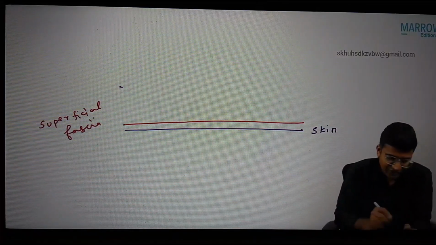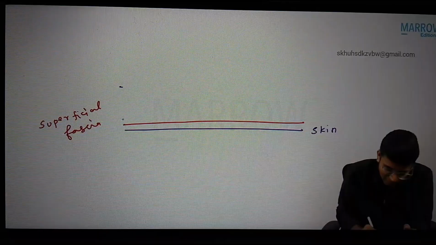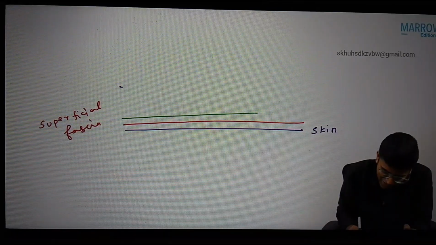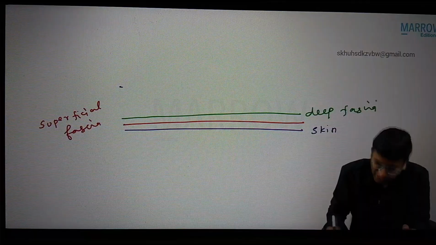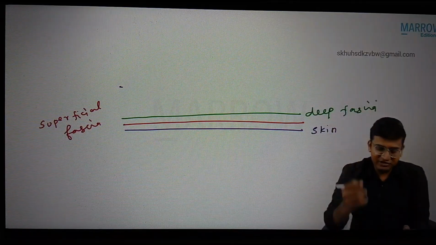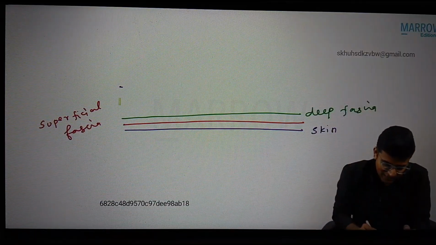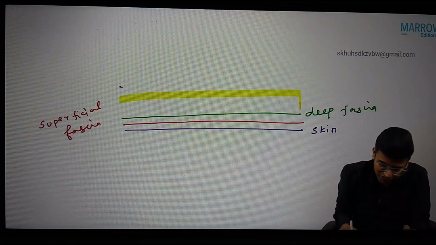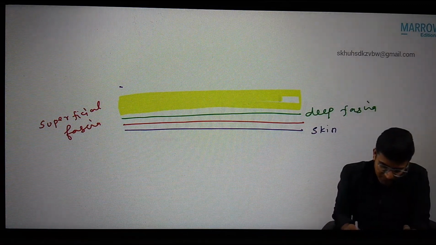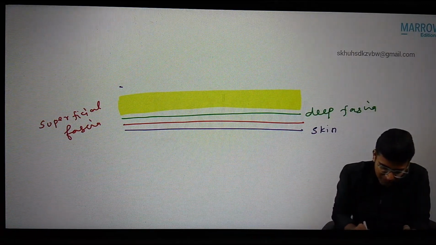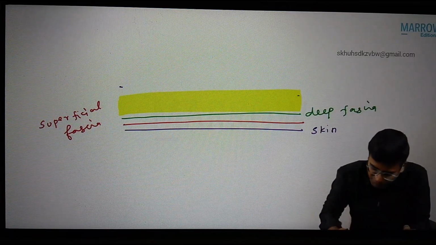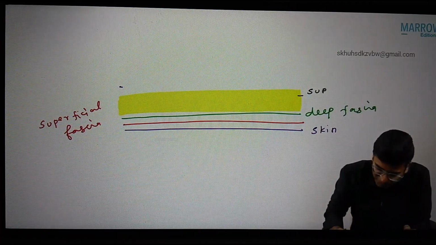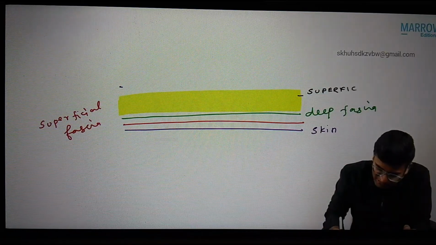Above that, we have a deep fascia of perineum, the green color. Above the deep fascia, we have a space, and that space is called the superficial perineal space.